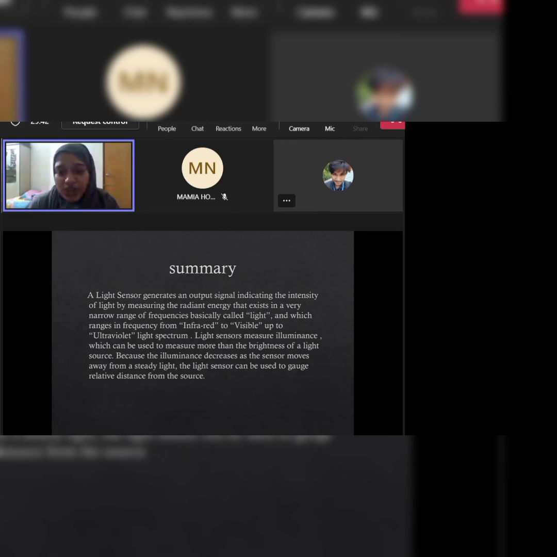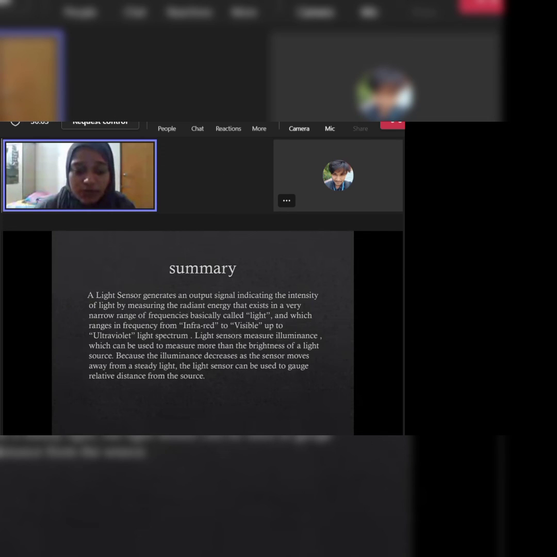Light sensors measure illuminance, which can be used to measure more than the brightness of a light source, because illuminance decreases as the sensor moves away from a steady light. The light sensor can be used to judge relative distance from the source.